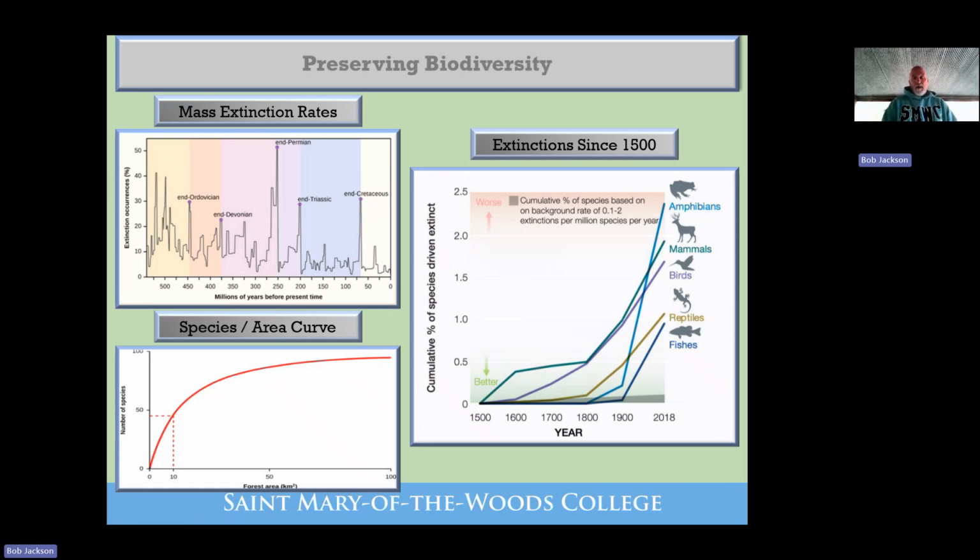On the graph on the right, it's showing the amphibians, mammals, birds, reptiles, and fish. This is showing you the percentage of species that have been driven to extinction through time. So here's where your 2.5% of amphibians have been lost in the last couple hundred years.